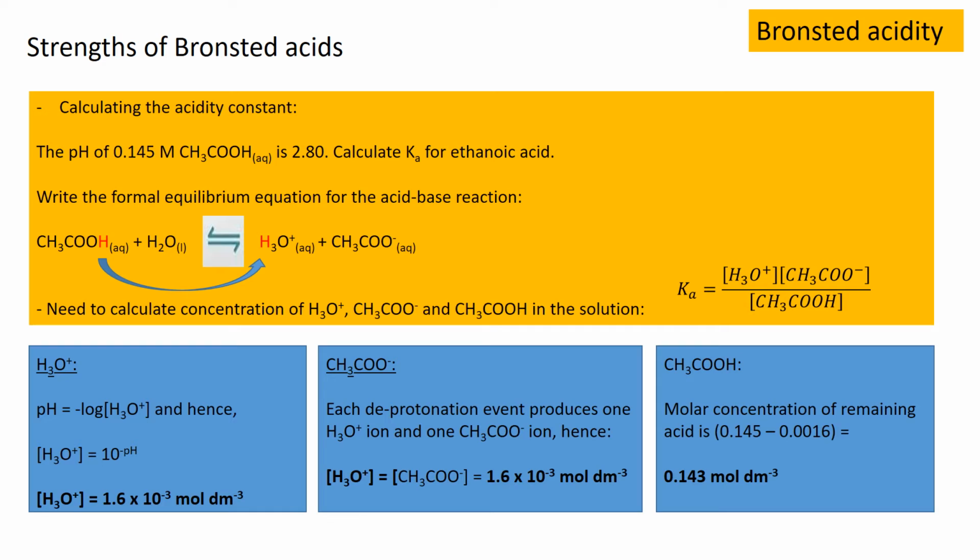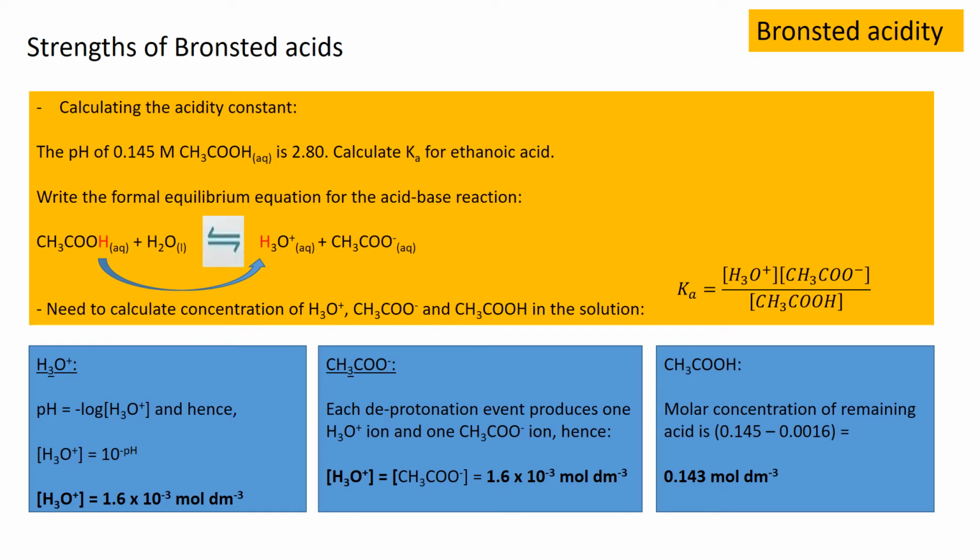If we know the value for the concentration of H3O+, we can easily calculate the value for the concentration of deprotonated ethanoic acid, in this case CH3COO-. So take a look at the middle blue box here.